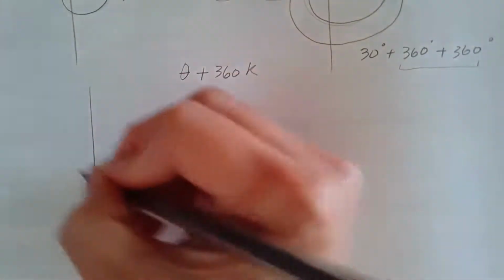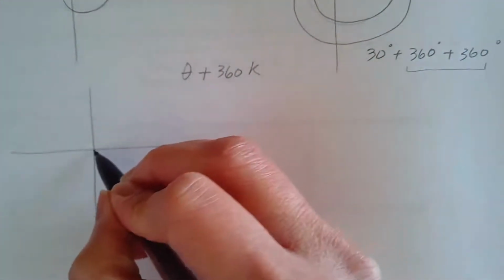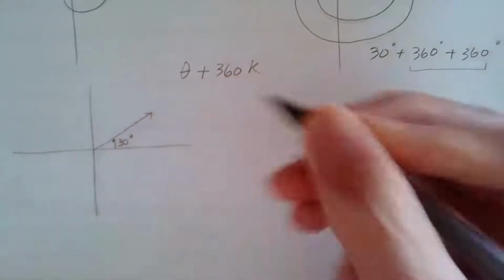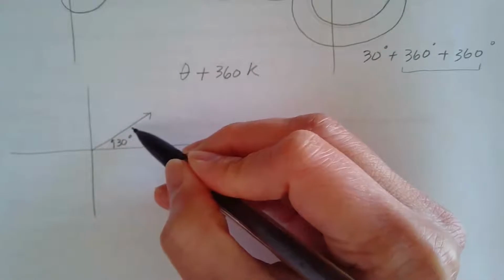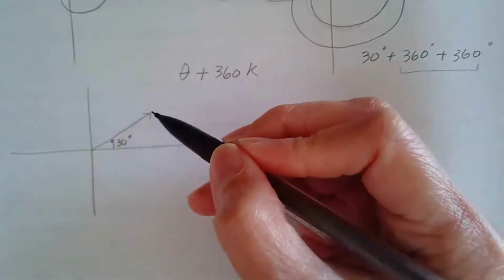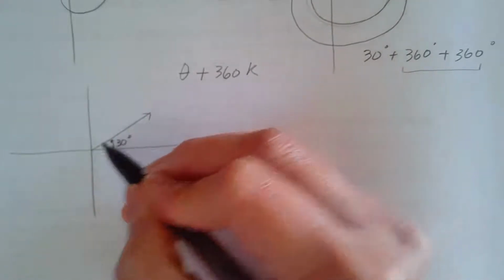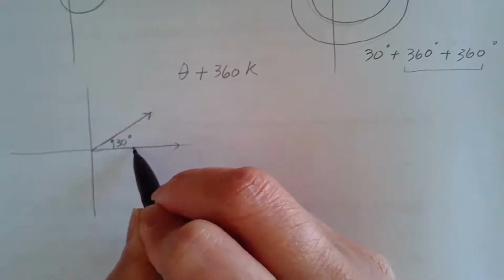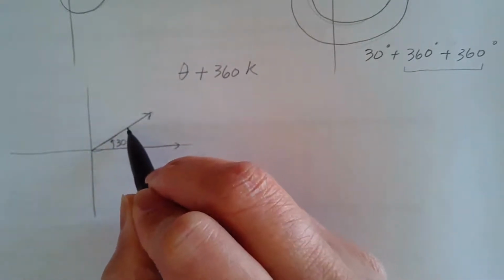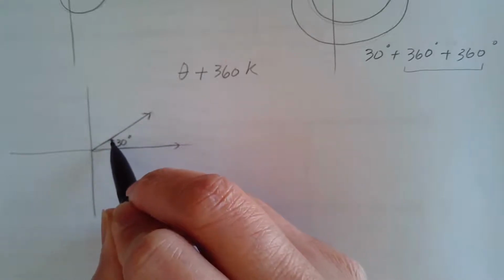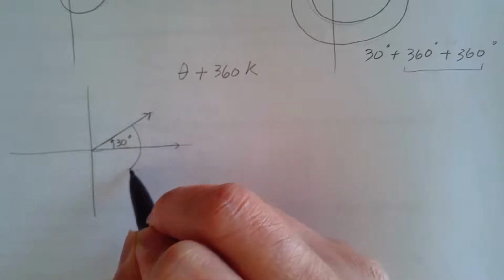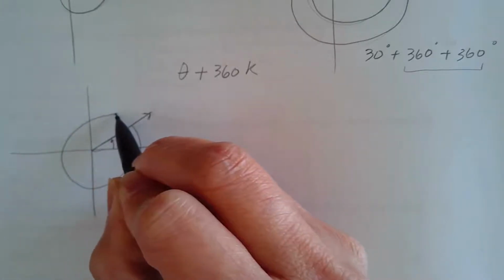What if I start here? Again, this is my 30 degrees. And this is where I start. And then from here, I rotate this way.